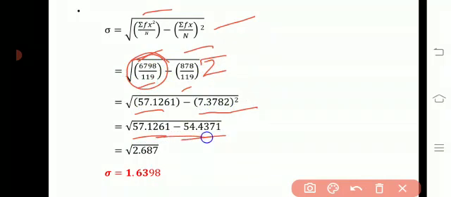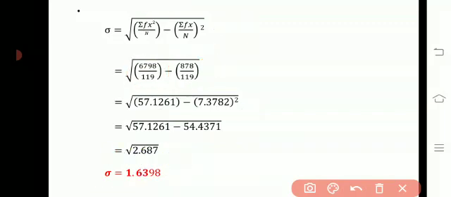After subtracting these values you will get the square root of 2.687, and by taking the square root you will get sigma equal to 1.6398.